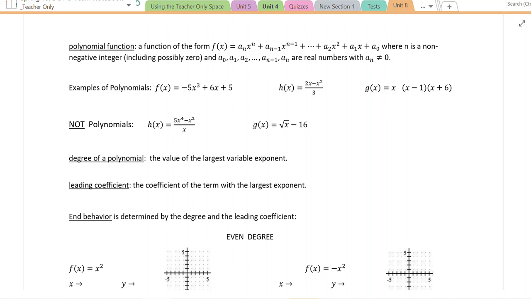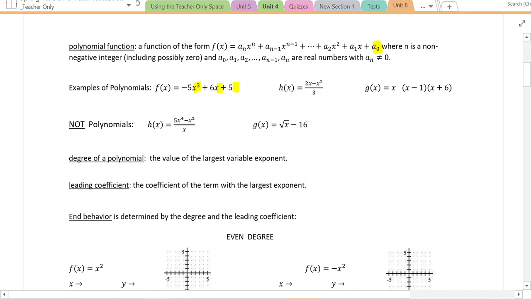x to the n. So anyway, if you look down there at our examples of polynomials, you'll notice that for the first one, this is x cubed times x, and there's no x there, but we know those are polynomials and they allow for a constant term right there.